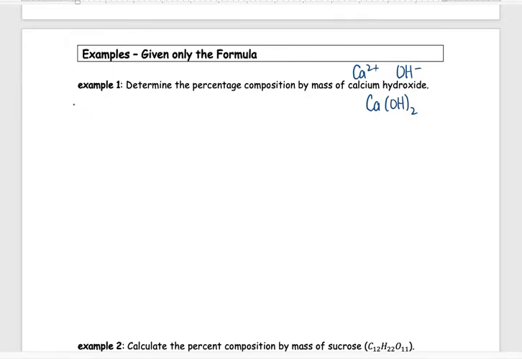We need to come up with the total mass of this compound, so we'll find the molar mass.